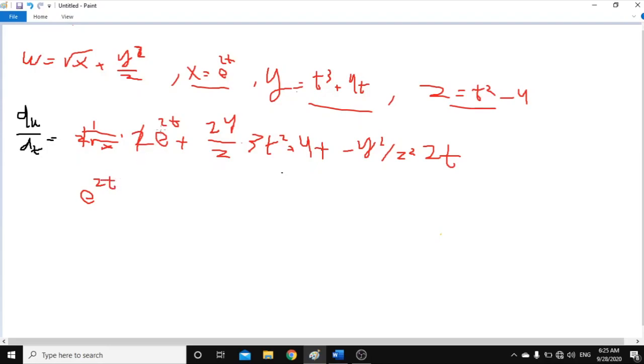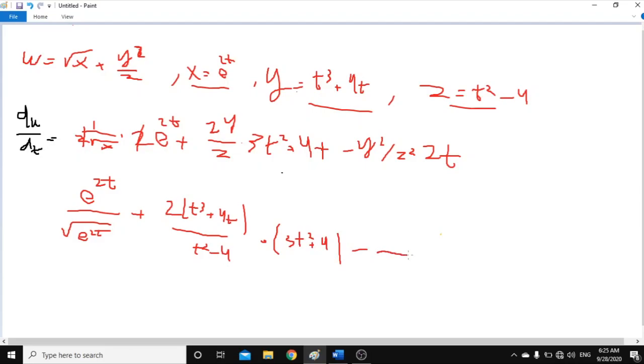You can write it as e to the 2t over the square root of x, substituting x with e to the 2t, plus 2 times y over z, where y is t cubed plus 4t and z is t squared minus 4, times 3t squared plus 4, minus the fraction of t cubed plus 4t squared over t squared minus 4 squared, times 2t. And this is the final answer for the second equation.